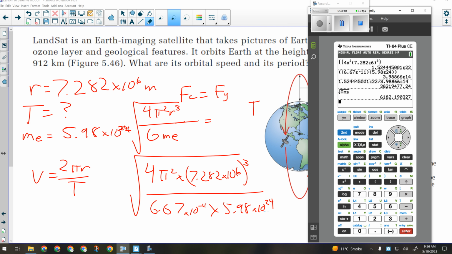So Landsat has an orbital period of 6,182 what? Seconds. So just under 2 hours, like an hour and 40 minutes probably, something like that. 103 minutes.